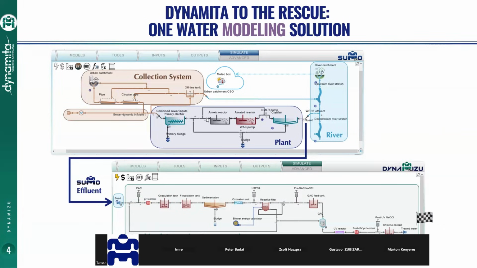Sumo, which you see on top, has the collection system, the urban watershed, along with very detailed, advanced modeling process units for wastewater treatment. The effluent of the wastewater treatment then can be used in DYNAMIZU, which you see at the bottom, in a combined ozonation treatment plant facility configuration. And that completes the cycle from wastewater to reuse. And this is where we are introducing our one water modeling solution.